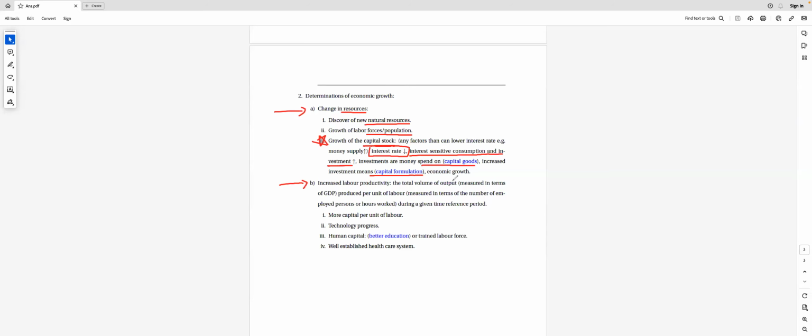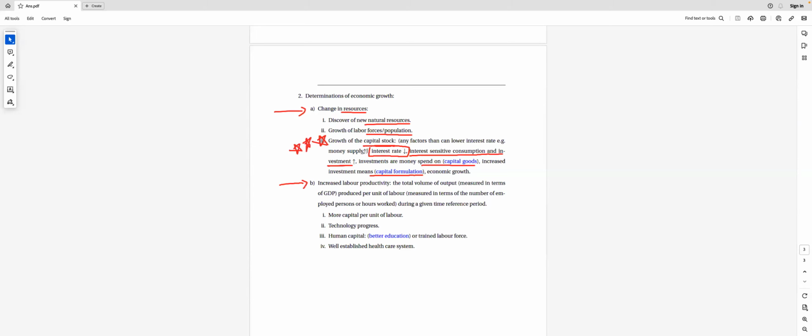That is good for long-run economic growth, because as a country as a whole, we get more productive tools, equipment and machinery. So we get more capital resources, and that is good for economic growth. Most important thing.